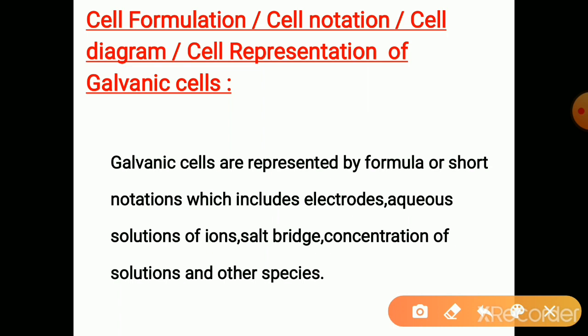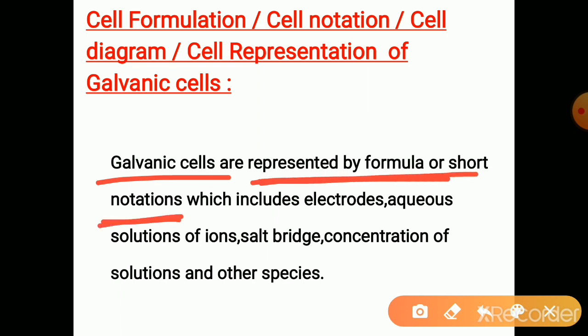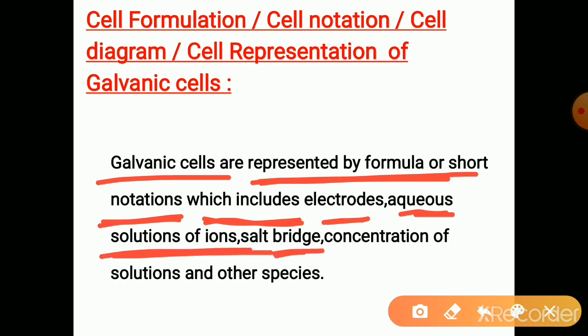So in order to minimize our efforts, the galvanic cell can be represented by a formula or short notations, which includes electrodes, aqueous solutions of the ions, salt bridge, concentration of the solutions in that half cell, and other species.